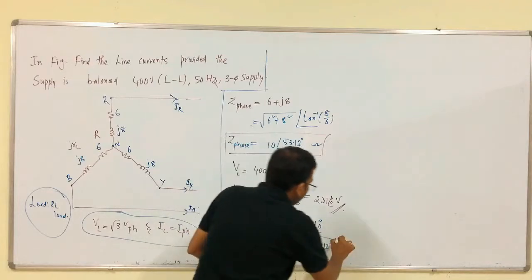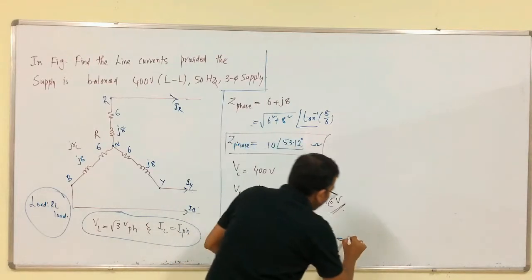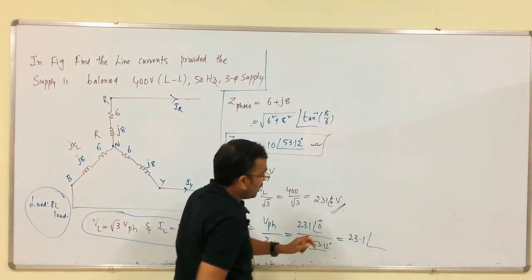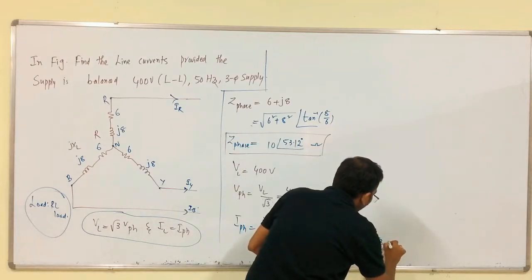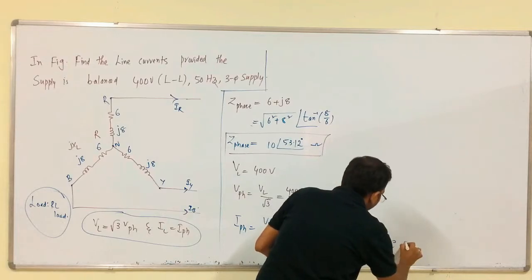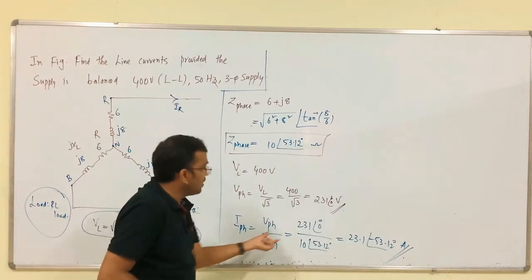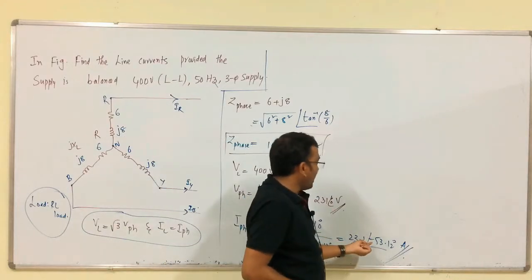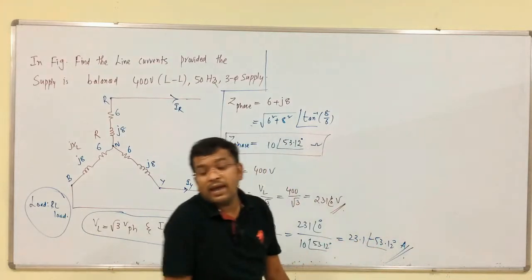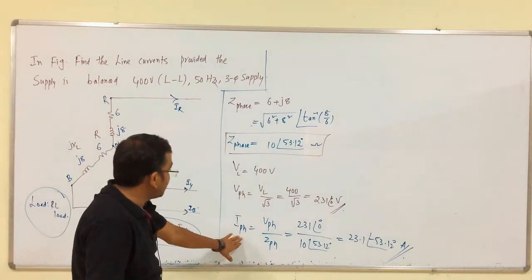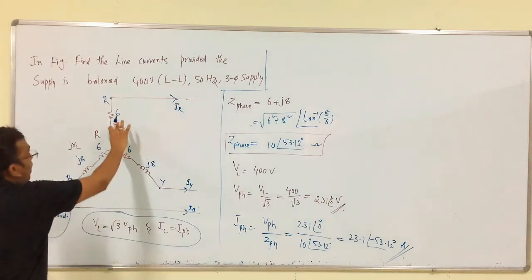So, 231 by 10 is 23.1 at an angle 0 minus 53.12, that is minus 53.12 degrees amperes. So, this is the phase current, 23.1 at an angle minus 53.12 amps. This is the phase current of R.